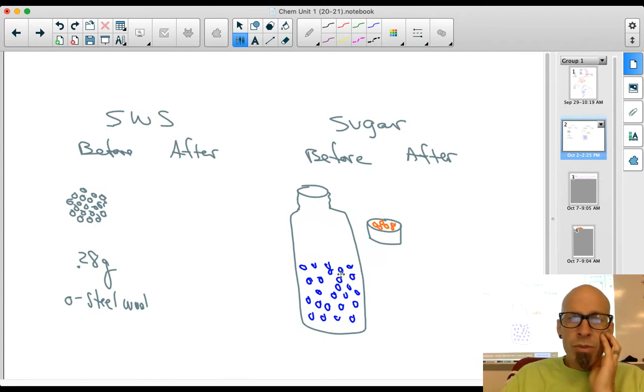Well, here's the thing. In the before picture, are there any gas particles here? No, you have water particles, you have Alka-Seltzer particles. So where do gas particles come from? Well, some of these Alka-Seltzer particles dissolved in the water, so some of those particles are still there. Some of them aren't there because when they hit the water, they became a gas and leaked out.